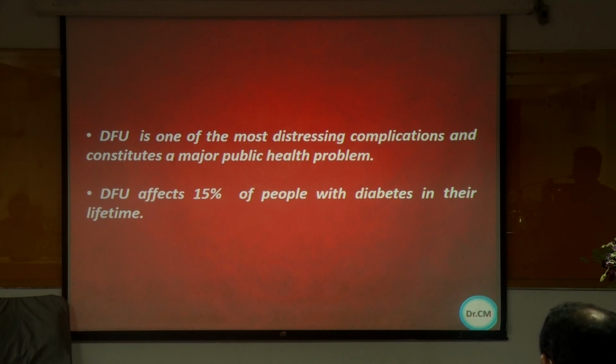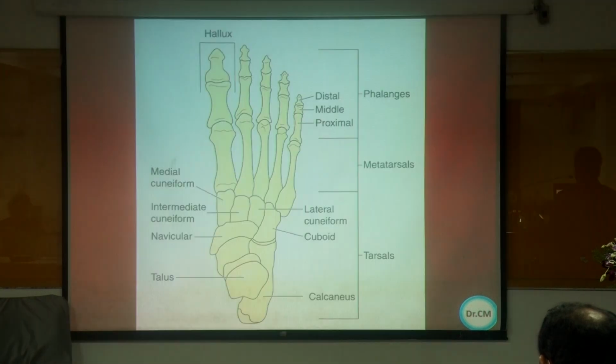Diabetic foot ulcer affects 15% of people with diabetes in their lifetime. So if we want to prevent diabetic foot ulcer and amputation, we need to identify the high-risk foot in our clinical practice. To do all this, we should understand the basics and the pathophysiology of diabetic foot ulcer.